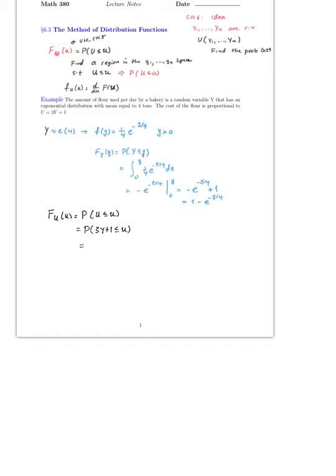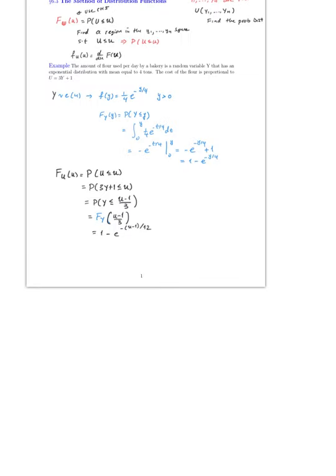So this is the same thing as the probability that Y is less than or equal to (u minus 1) over 3, which is the distribution function of Y evaluated at the point (u minus 1) over 3. If we plug it in, we end up with 1 minus e to the minus (u minus 1) over 12.